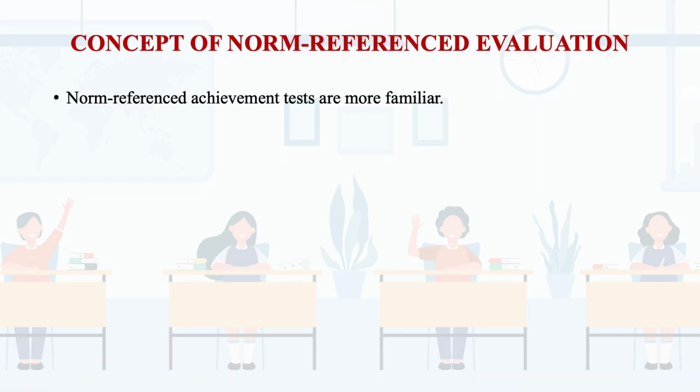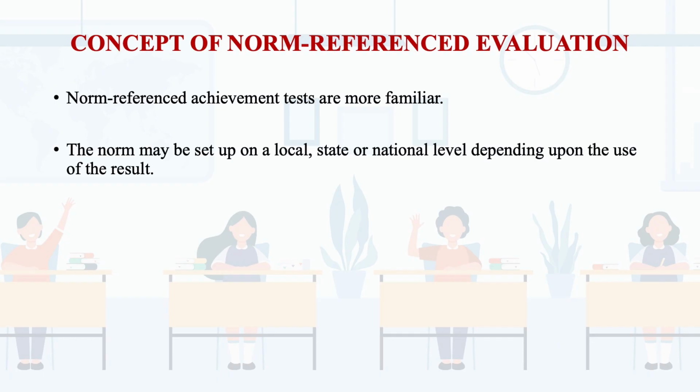Then the other concept relating to norm referenced evaluation is that norm referenced achievement tests are more familiar and highly used in the schooling system. And further, a norm may be set up on a local basis, local level, state level or national level. So you can fix a norm at the local level, at the district level.